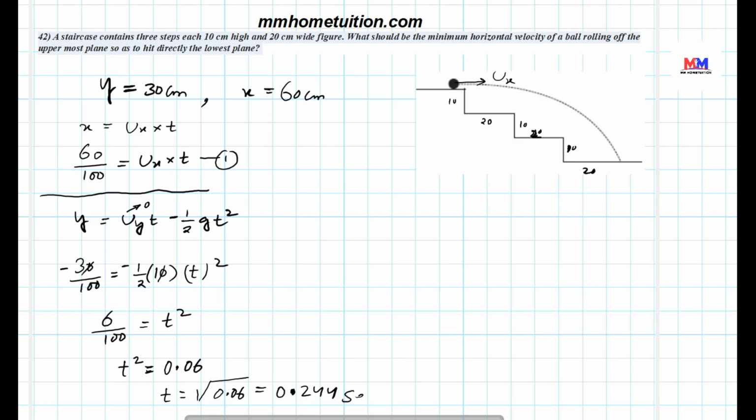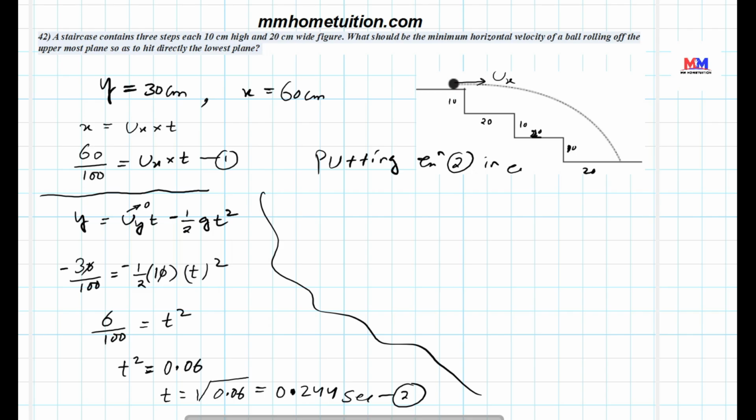So we have to put this value in equation 1. So putting equation 2 in equation 1, 6 by 10 or 60 by 100 equals ux into t.